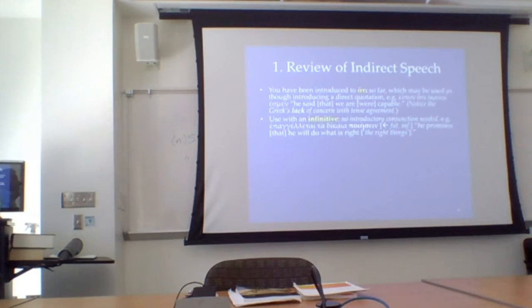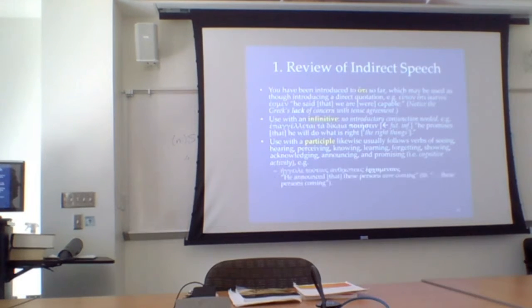Use for the infinitive, right? So we've had, epangelletai ta dikaia poiesein. He promises that he will do what is right, literally the right things. Use for the participle, and this is just review. Usually involving verbs of seeing, hearing, perceiving, knowing, and there is cognitive activity or cogitation.